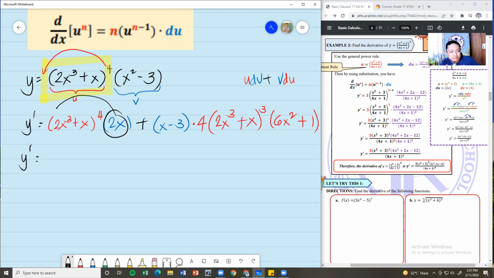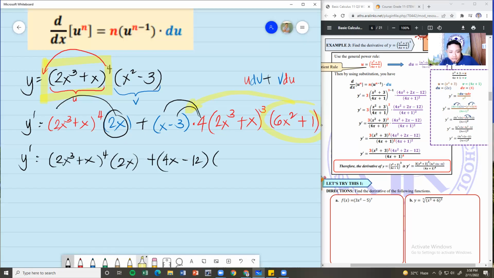So we will have 2x cubed plus x raised to 4 times 2x plus, this time, this is what we can simplify further. Okay, see 4, since they are all being multiplied, 4 can be distributed here. So this will become 4x minus 12 times, let's put this term over there because they are both not raised to an exponent.